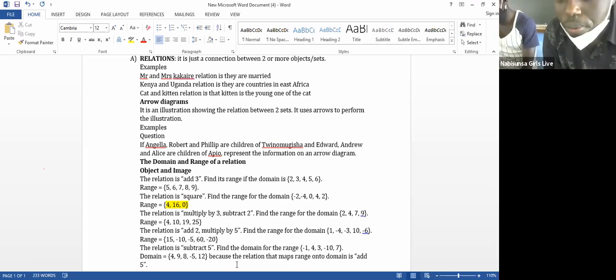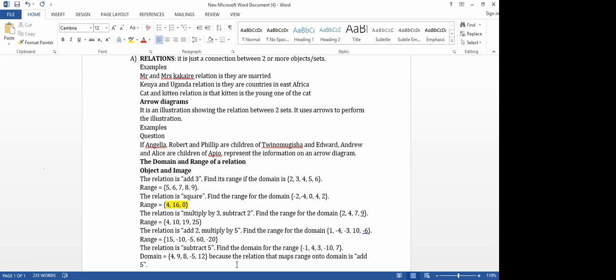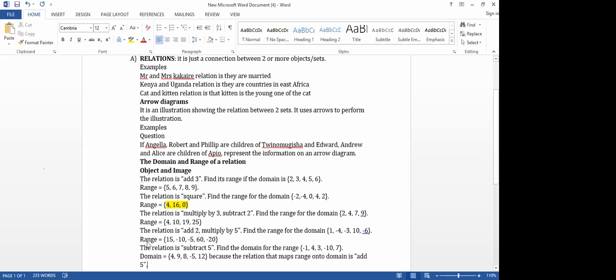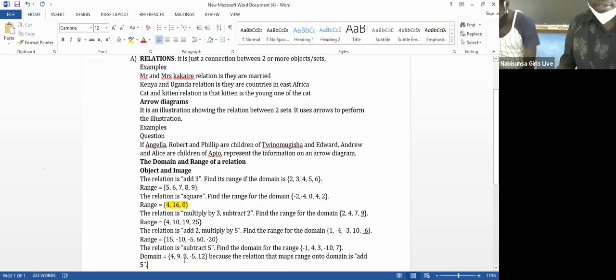Teacher, how will the arrow diagram look? For which particular example? I haven't numbered them. For the last one. Of course, this domain here will come first. You draw it first. Then you draw the range next, so that the arrows can move from here to there.